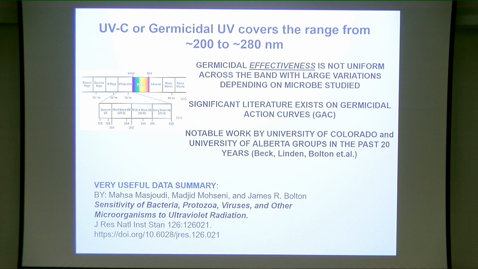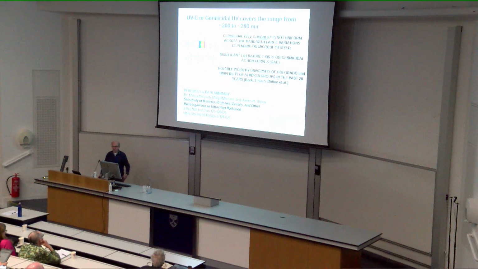There's a significant literature on germicidal action curves, as they're called, but the experiments are hard to do, and there's not complete literature. More recently, in the last 20 years, particularly in groups at the University of Colorado and the University of Alberta, there has been more data produced.